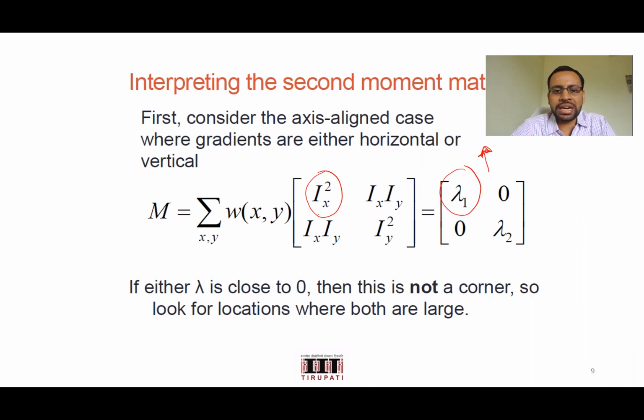This again is not just for one pixel. Remember that there will be a summation here for all pixels within that window. So then lambda 1 would be large, but lambda 2 would become small when you have gradients in the x direction but not in the y direction, and vice versa.